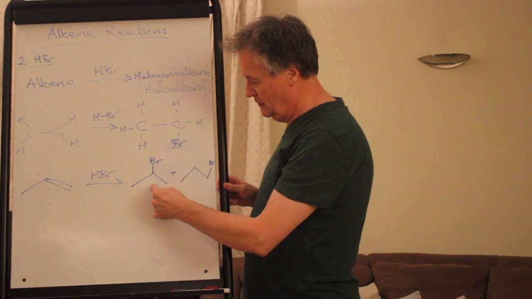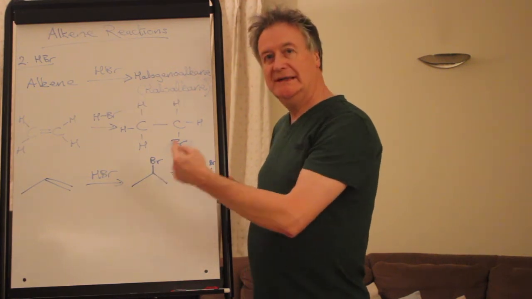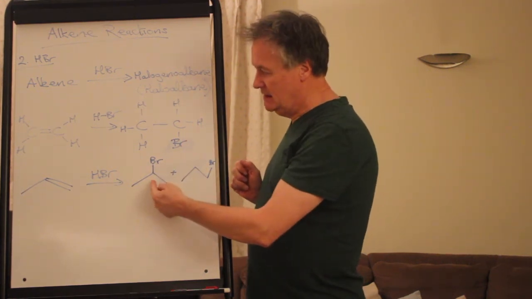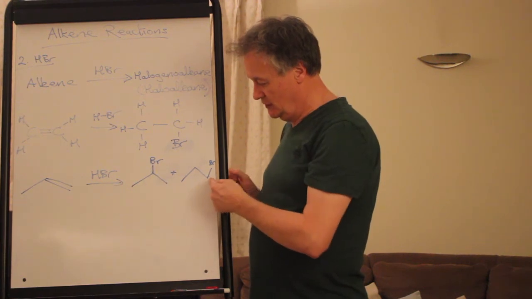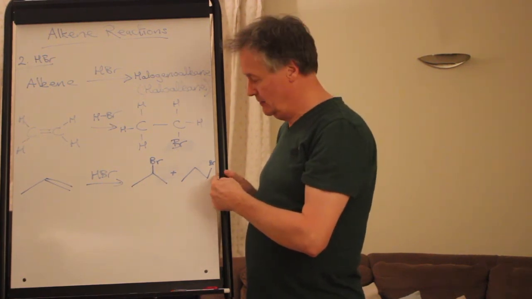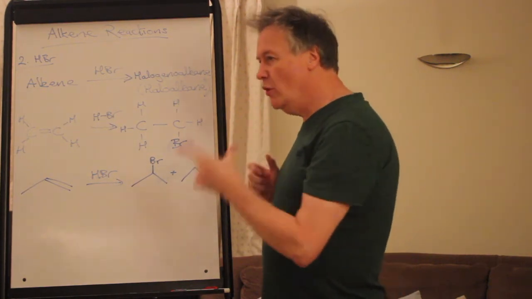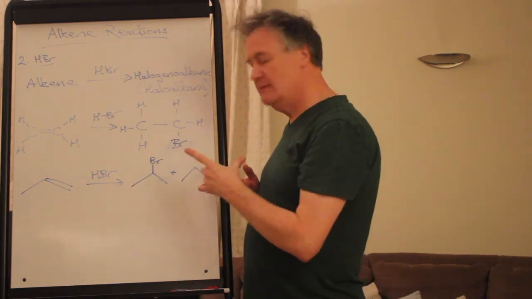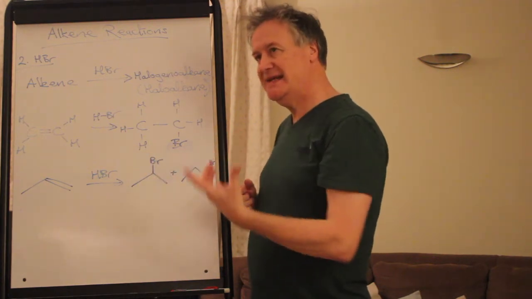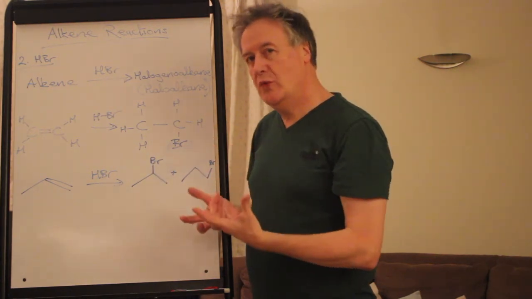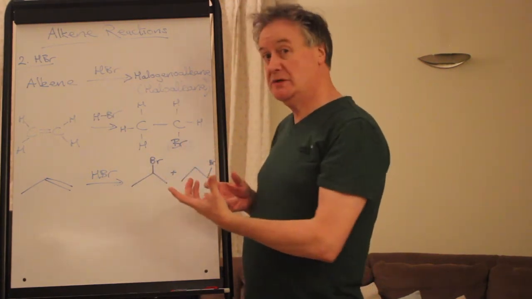So you have the bromine going on the centre carbon there, or on the end carbon, terminal carbon. But you need to know more than that. Now, the more than that information part comes in the mechanism. So the mechanism tells you how to do what I'm just about to tell you.